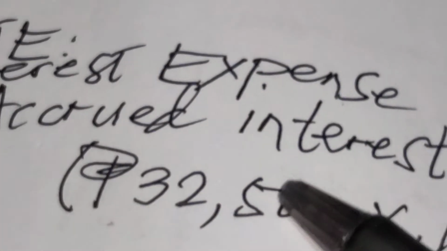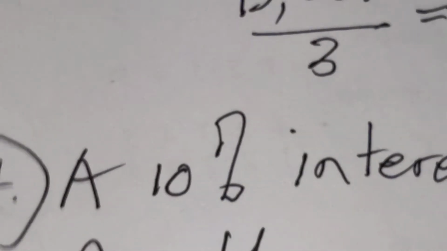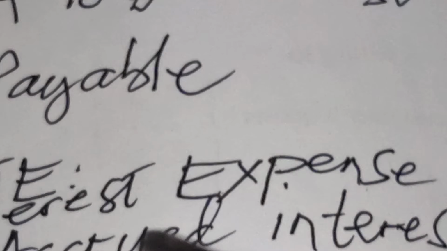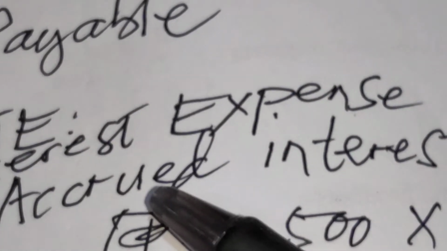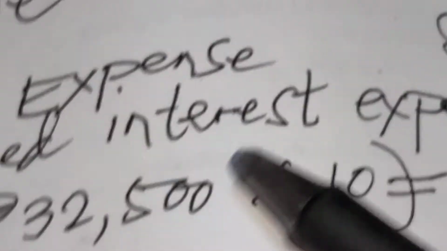Accrued interest expense has now become a liability that must be paid. When you declare the interest expense, you just bring it to the correct amount. And you have also recognized the accrual as a liability, accrued interest expense.